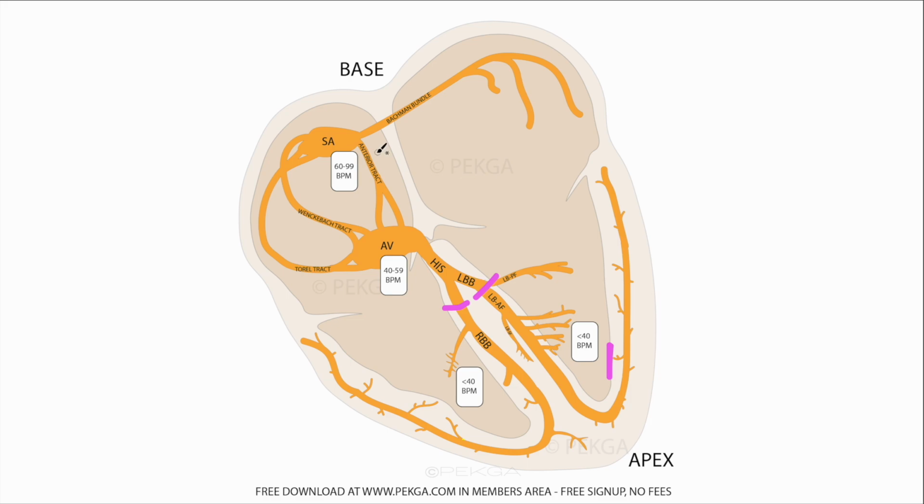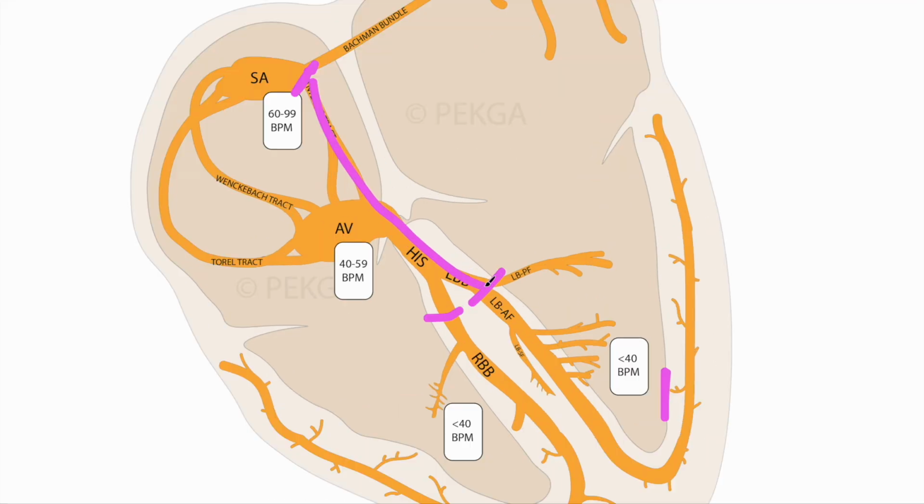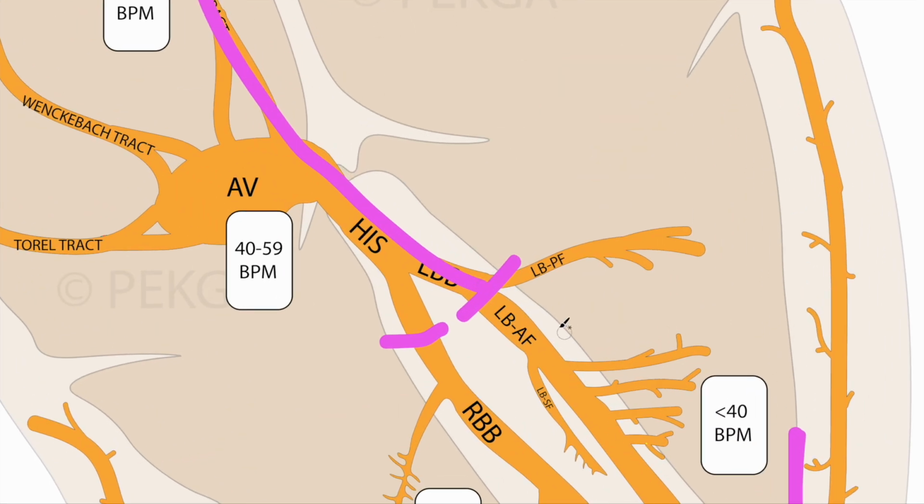But the PR interval, if you have that prolongation, it is associated with something that happened to that signal, something that slowed it down to this point. Beyond this point, that signal gets overshadowed, if you will.